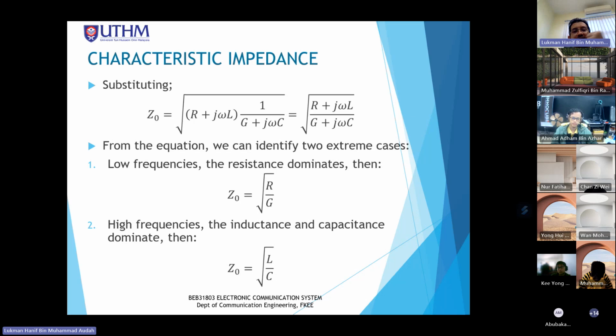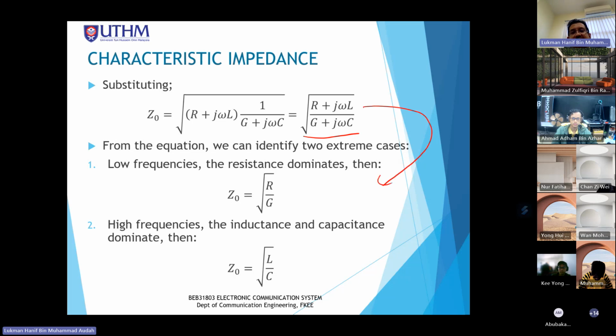So characteristic impedance can be calculated using this equation: Z0 equals the square root of R plus j omega L divided by G plus j omega C. And we can simplify the equation for two extreme cases.